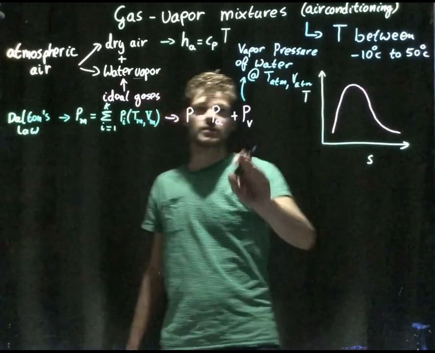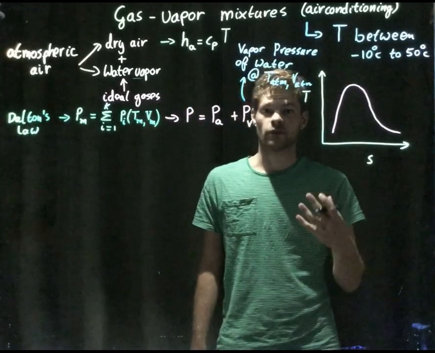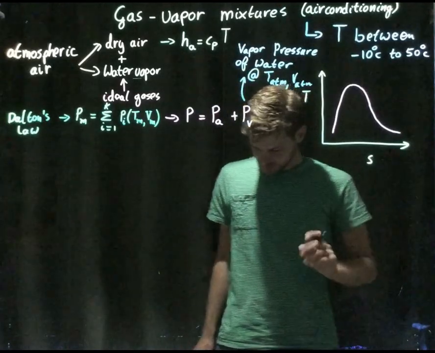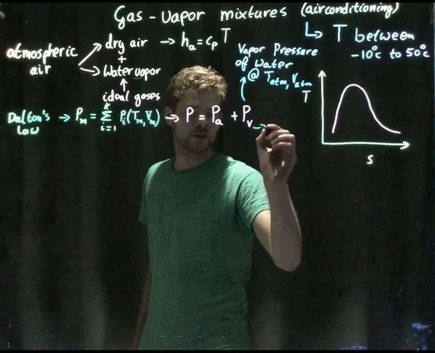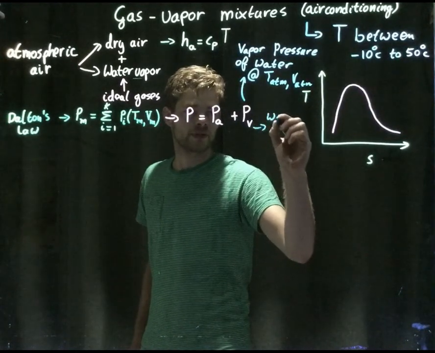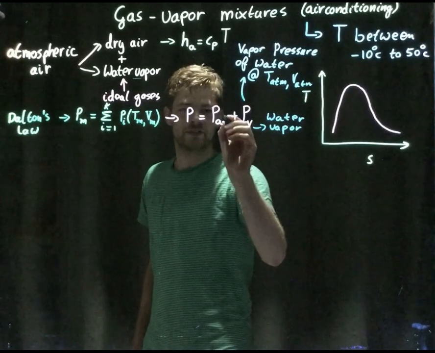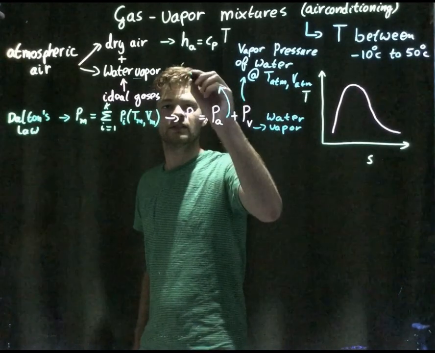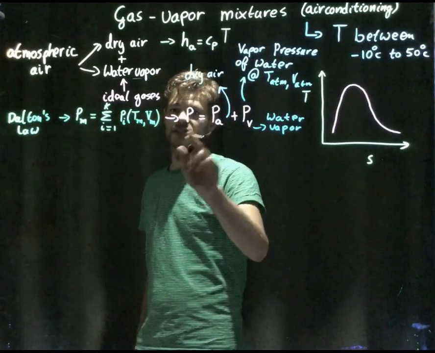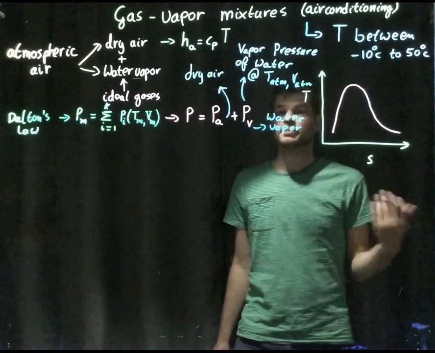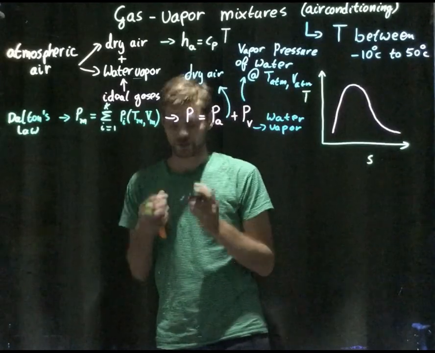So this is the vapor pressure of water at atmospheric temperature and atmospheric specific volume, and this of course denotes water vapor, and this is the dry air pressure. And this actually is the ambient pressure, so the pressure of the surroundings, and consists of the pressure of dry air and the pressure of water vapor.